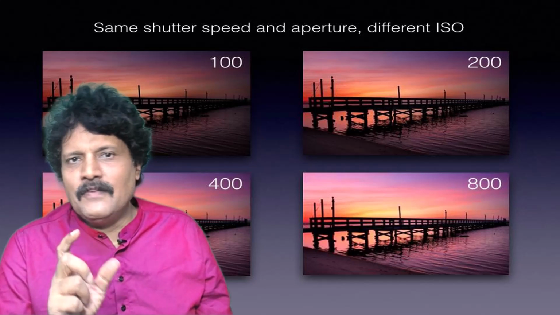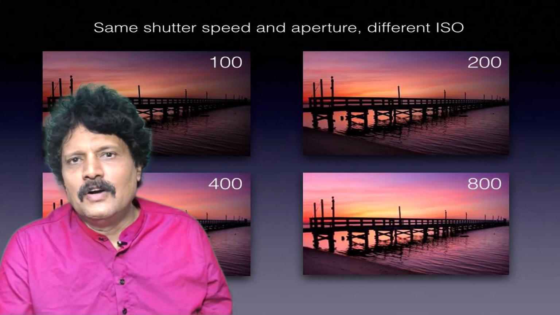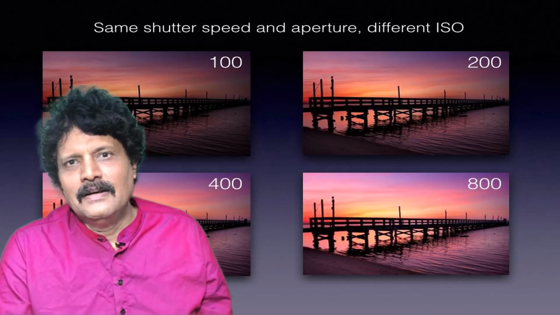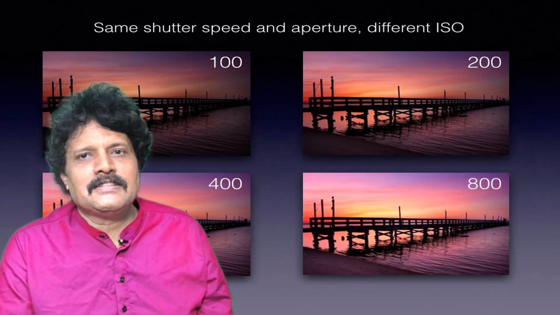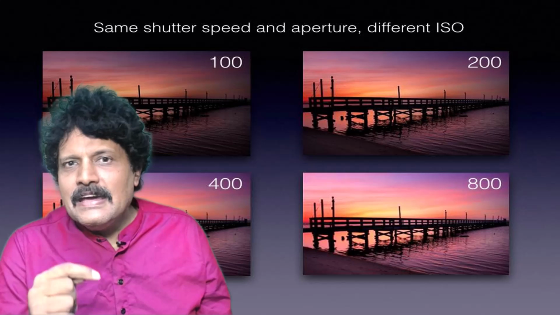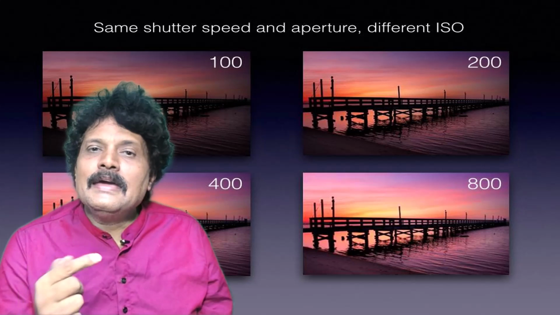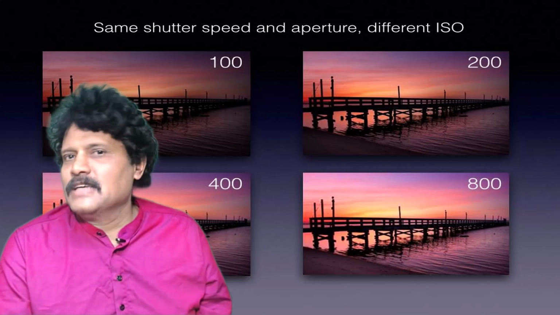For example, if I use a 400 ASA film, just 25 watts of light is enough to record a white area as white. If I use an 800 ASA film, I need just around 12 watts. So the greater the film sensitivity, the less light I need to shoot.